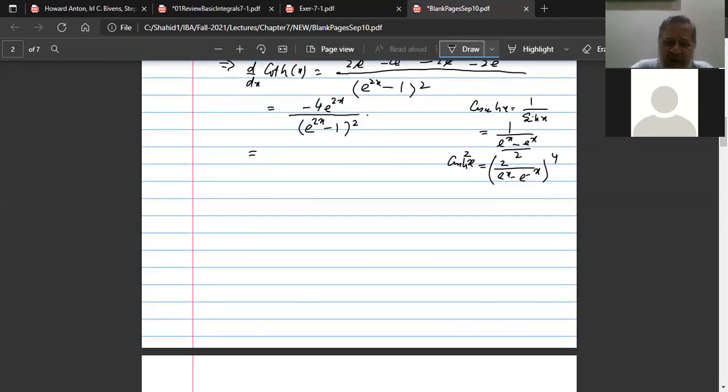How is it perfectly all right? This can be written as 4 upon e power x minus 1 upon e power x, whole raised to power 2, which then can be written as what?